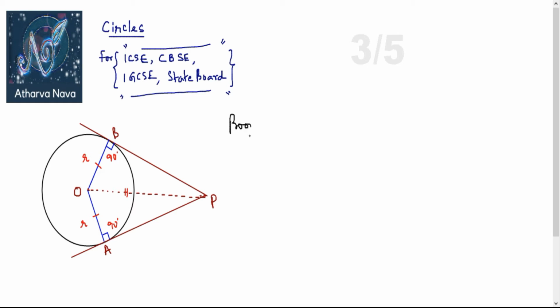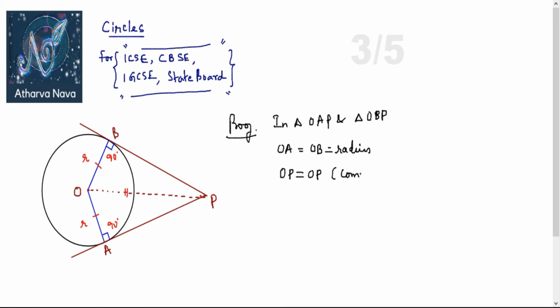I can say that in triangle OAP and triangle OBP, okay, OAP and OBP triangles respectively, you can say that OA is equal to OB, equal to radius, yes, and you can say OP is equal to OP common.